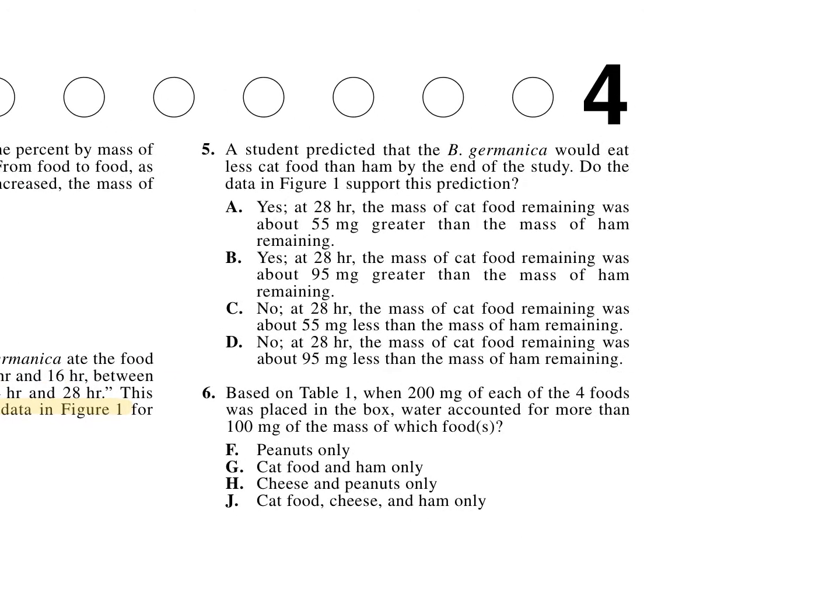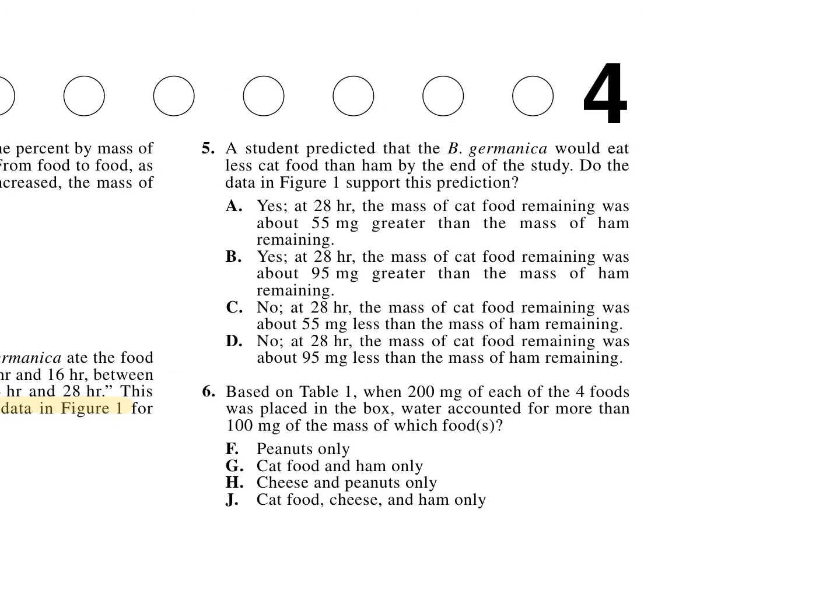Let's talk about question 5 for a second. It says data in figure 1 support this prediction. So we're going to figure 1, but this is an inference or an interpretation, more of a generalization question. But what do you notice about the answers?